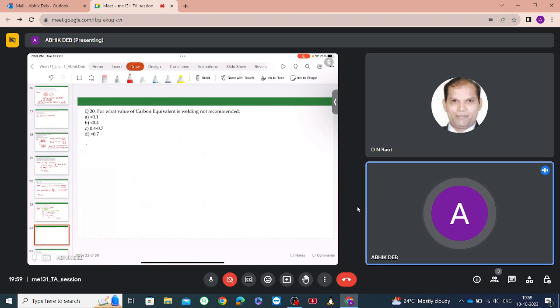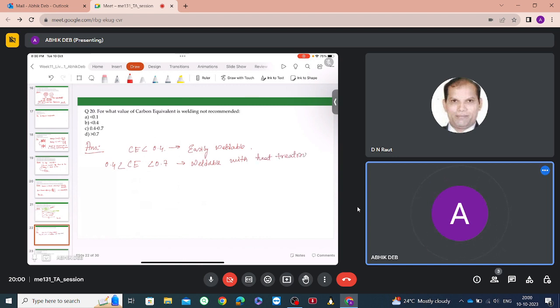And the carbon equivalent range is such that if the carbon equivalent is less than 0.4, then it is easily weldable. If the carbon equivalent is between 0.4 and 0.7, then weldable with heat treatment, that is, it either has to be annealed or preheated.